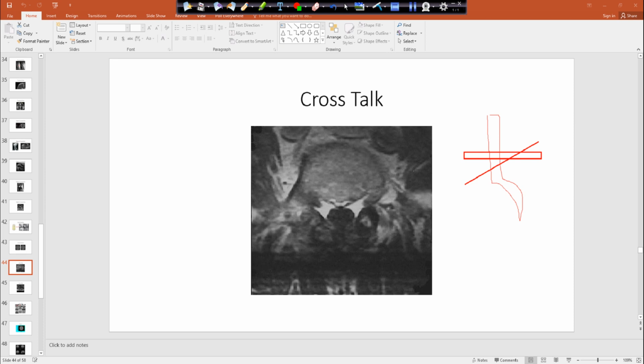So obviously our spinal canal here, just posterior to our vertebral bodies, we're kind of okay, but we're starting to get close to where that crosstalk artifact is. That crosstalk artifact is happening right where those two slices meet.